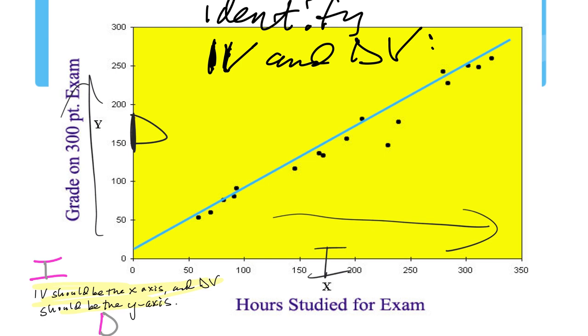Each of these points is an individual student. It's hard to control the control factors, but I'm assuming that all these students had about the same control factors, which is kind of unreasonable.